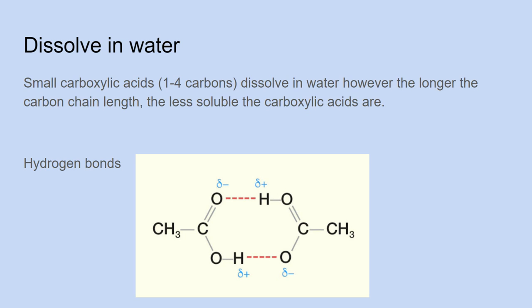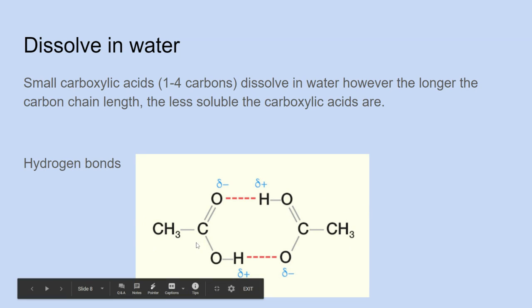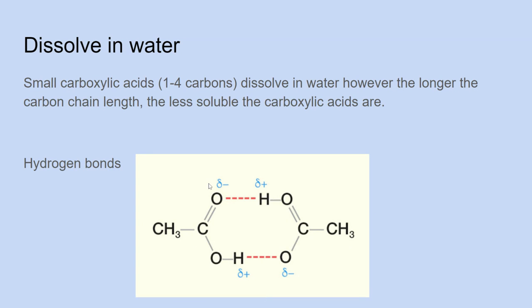Okay. When they dissolve in water, they produce these interactions between hydrogens and slightly negative oxygens. So this can happen with 2 lots of ethanoic acid. You could also have interactions between water, the H2O molecules, and them as well.